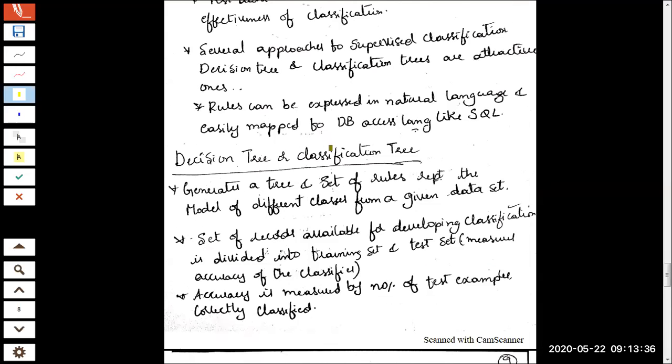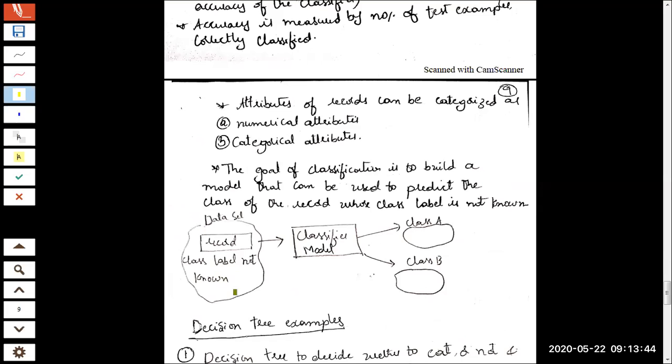Also, we understood the classifier or classification model, which sits in between the input and the class. The input will be from the database in the form of a record. Each record will have attributes.